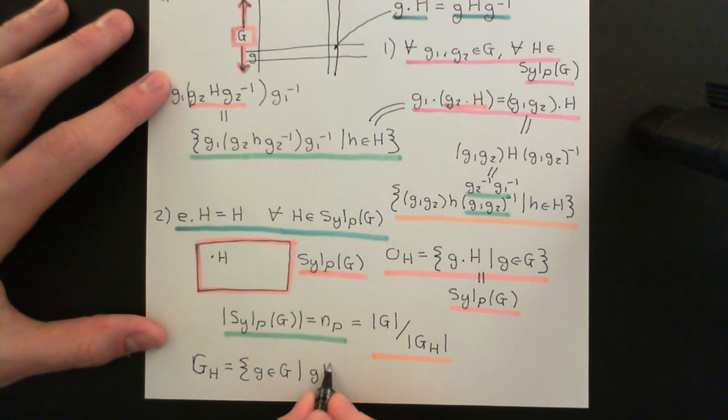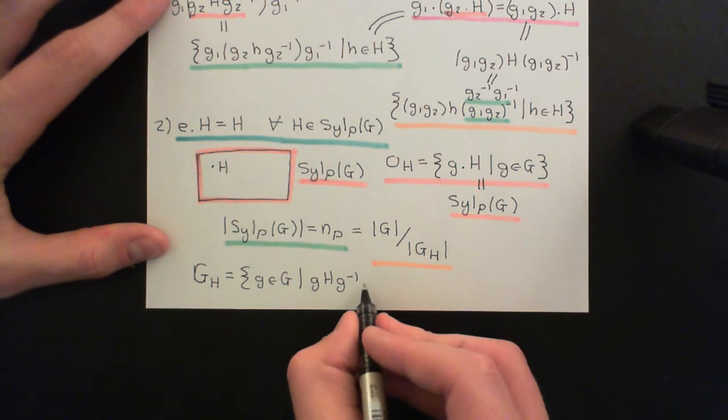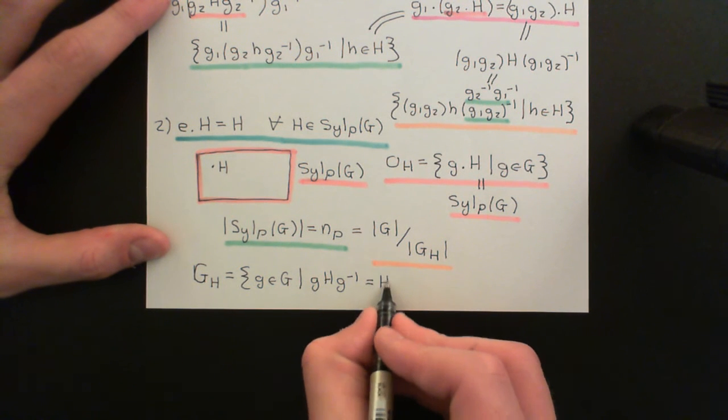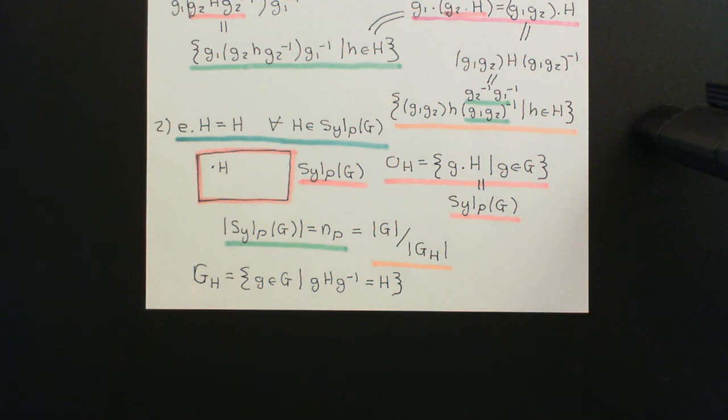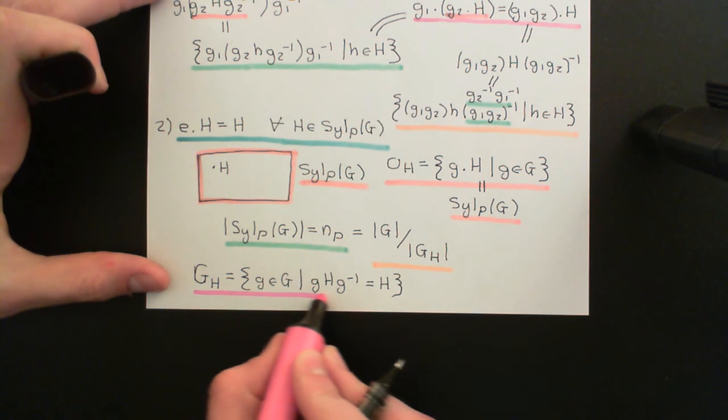But that means that when I conjugate capital H by little g, which just means act little g on capital H, I must get capital H back again. So all of the elements of the group which, if you use them to conjugate this Sylow P subgroup, have absolutely no effect on it. They send it onto itself.